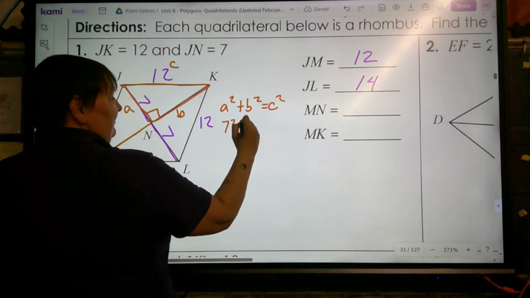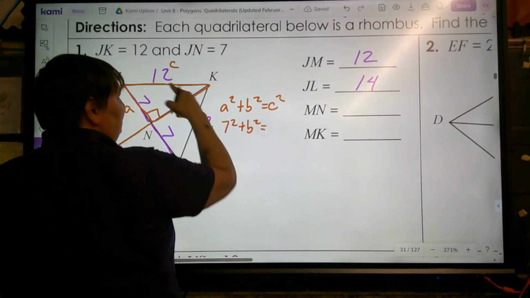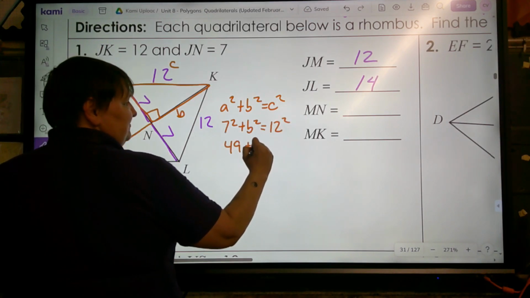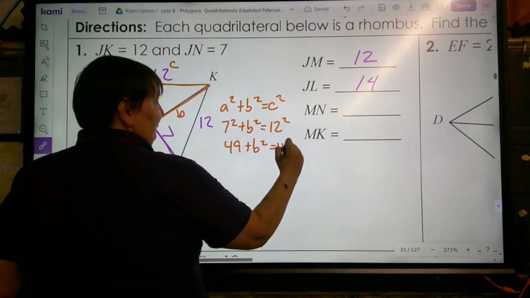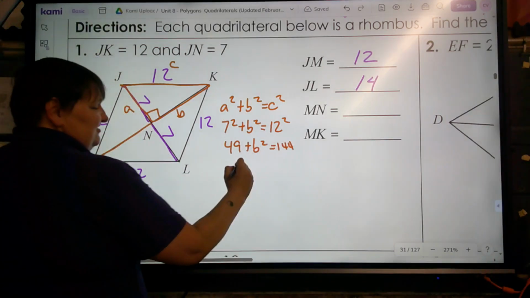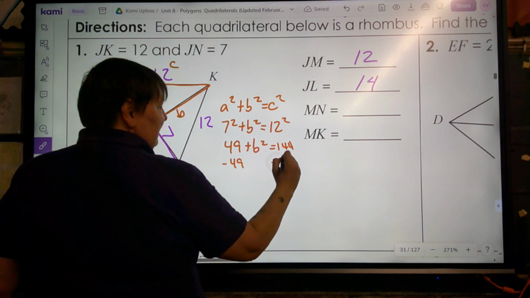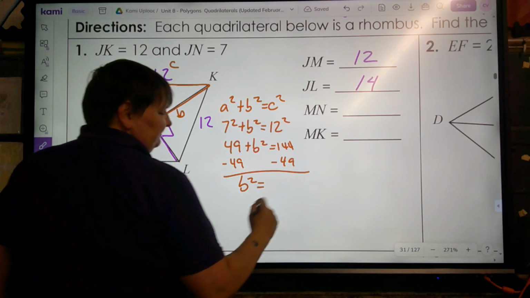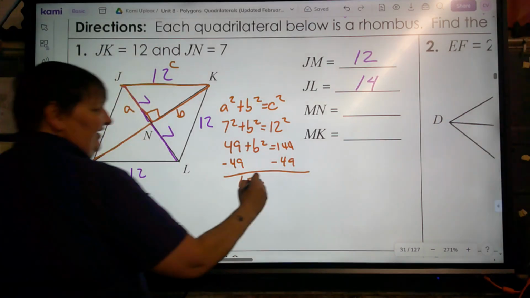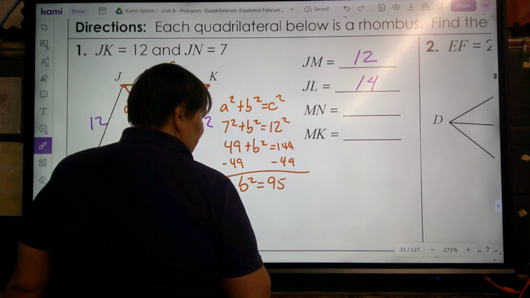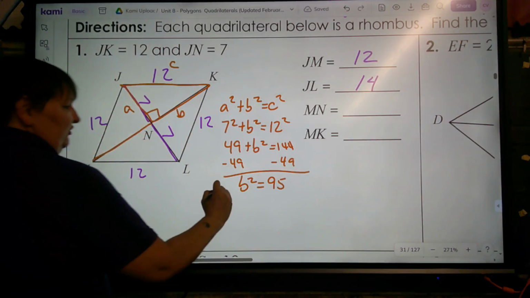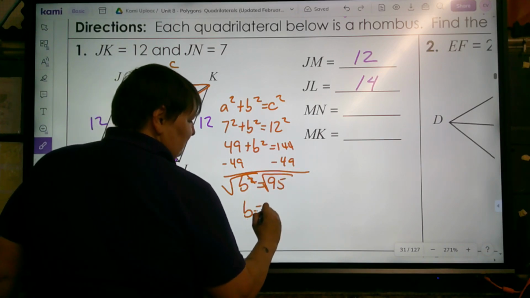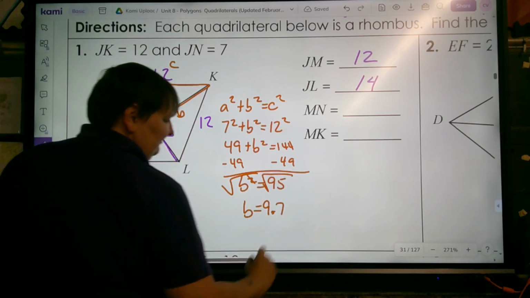So A squared plus B squared equals C squared. 7 squared plus B squared equals 12 squared. 49 plus B squared equals 144. Subtract 49 from both sides. B squared equals 95. Get the square root of both to cancel the square, and B equals 9.7 maybe?